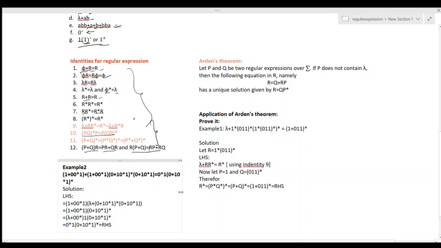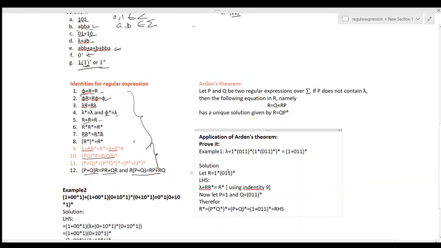Now comes the important theorem, which is called Arden's theorem.